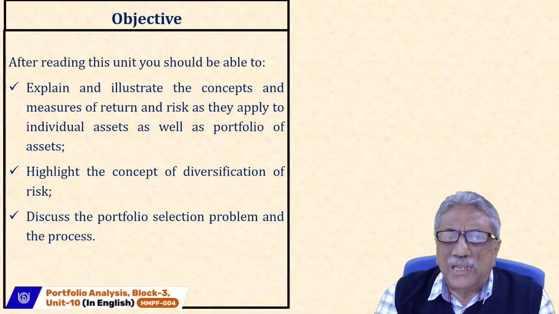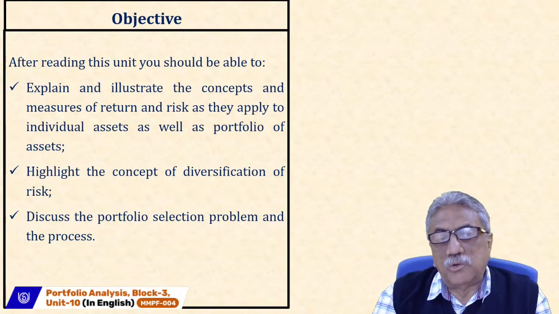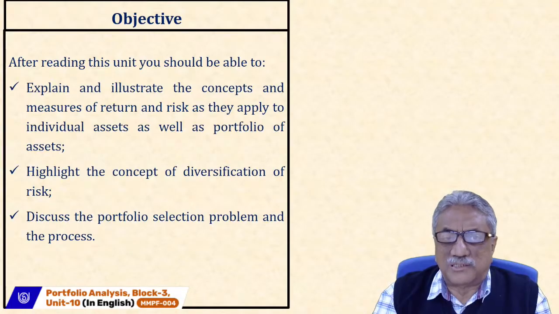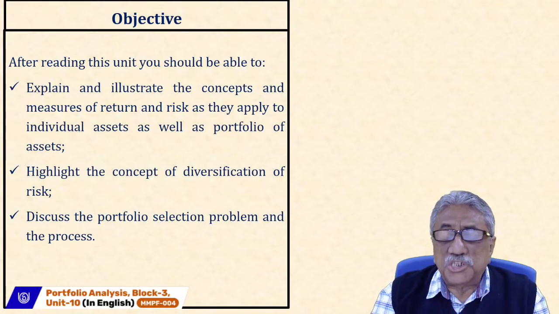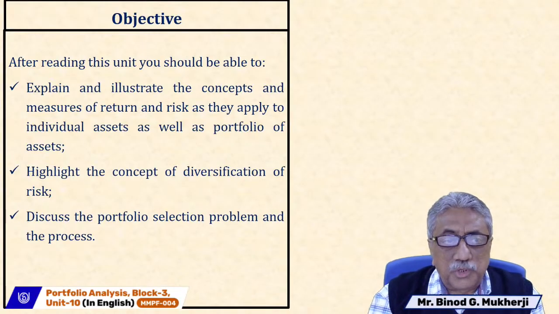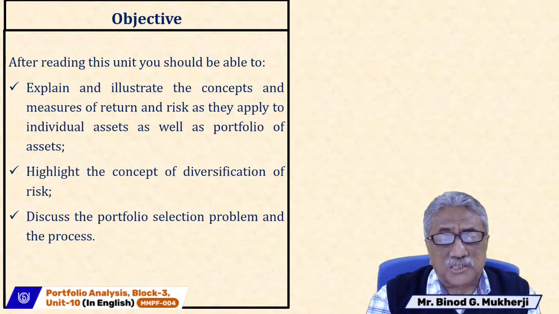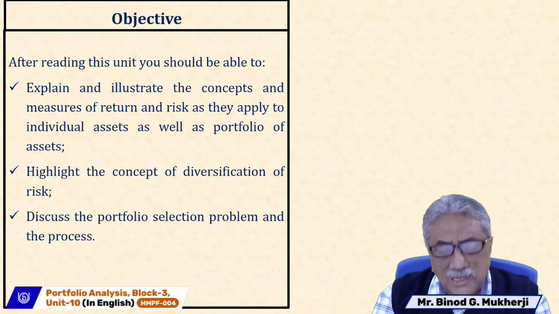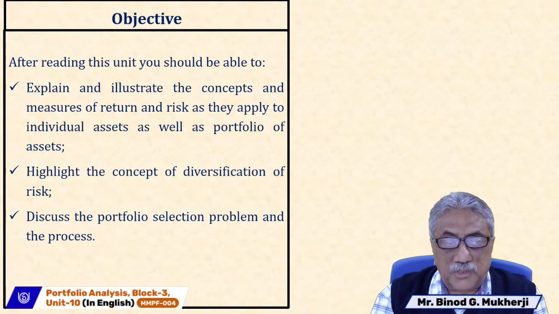So combinedly, you will be getting a return and there will be combined risk. So a portfolio is a pool of stocks or other investment assets, which generally an investor or institution invests in.